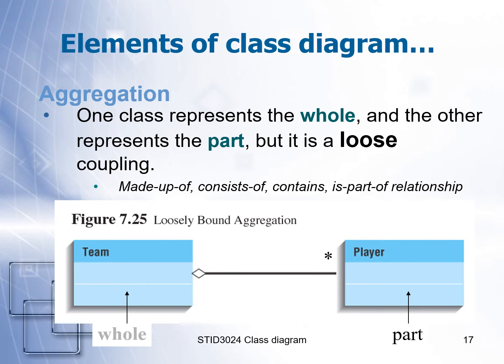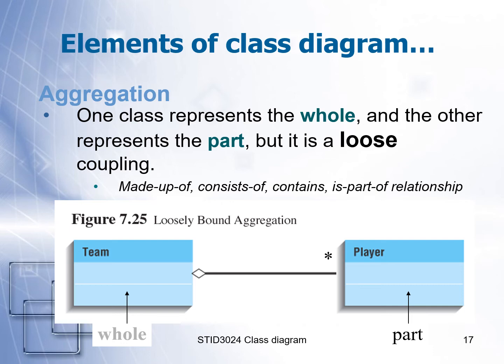Right. Another form of relationship, besides the one that we have seen just now, which is called association, is aggregation. Aggregation can be used to show a consists-of relationship or is-part-of relationship, whereby, for example, we have two classes: team and player. For example, you want to show the relationship of a soccer team.